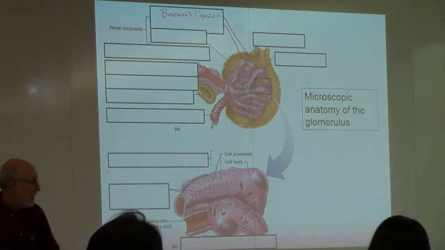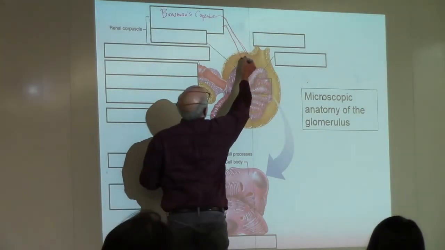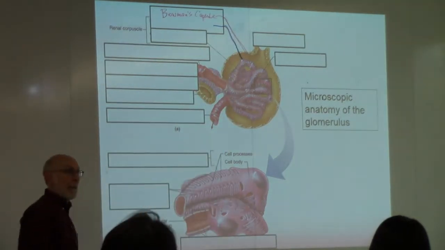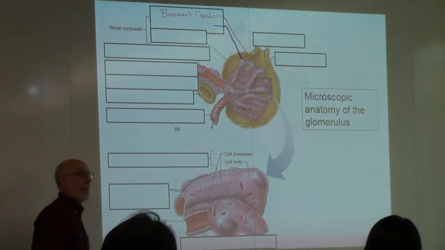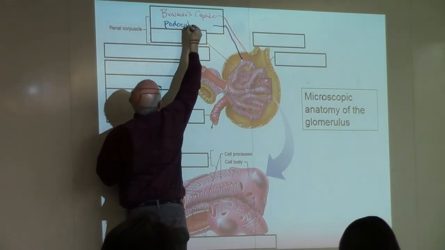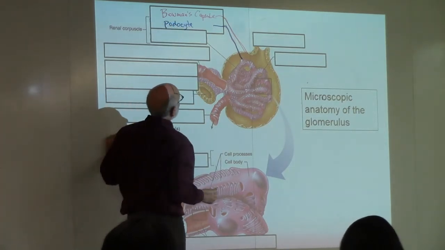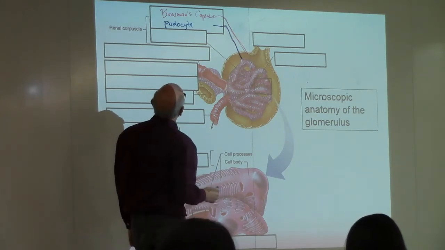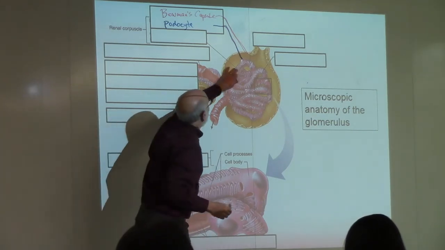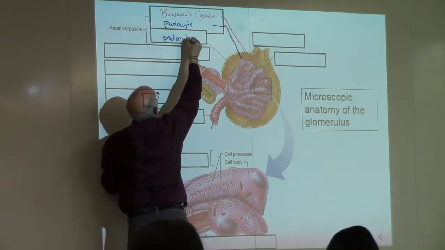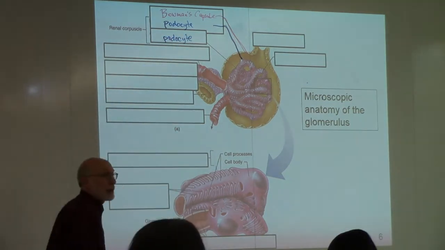Podocyte. Cell body of the podocyte, because that's where the nucleus is. That's what that dot is supposed to symbolize. So this is also pointed to a podocyte. I don't remember exactly what the book is trying to get out of this, but that's what we put there.